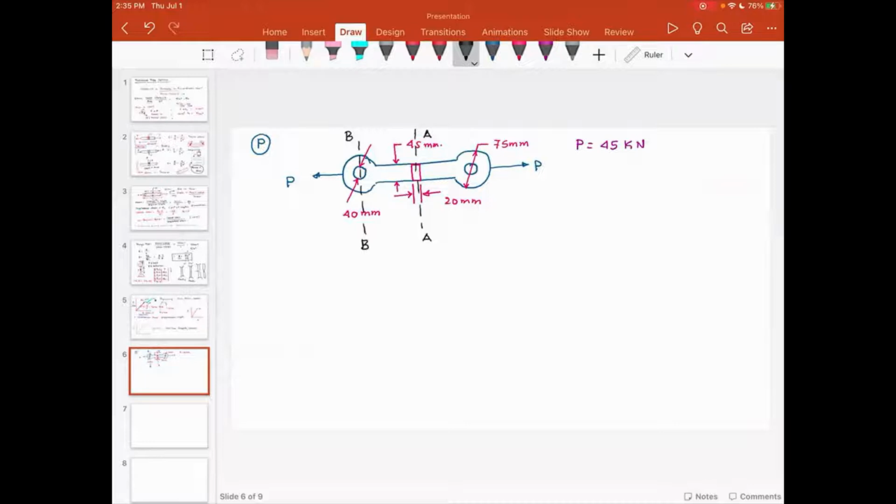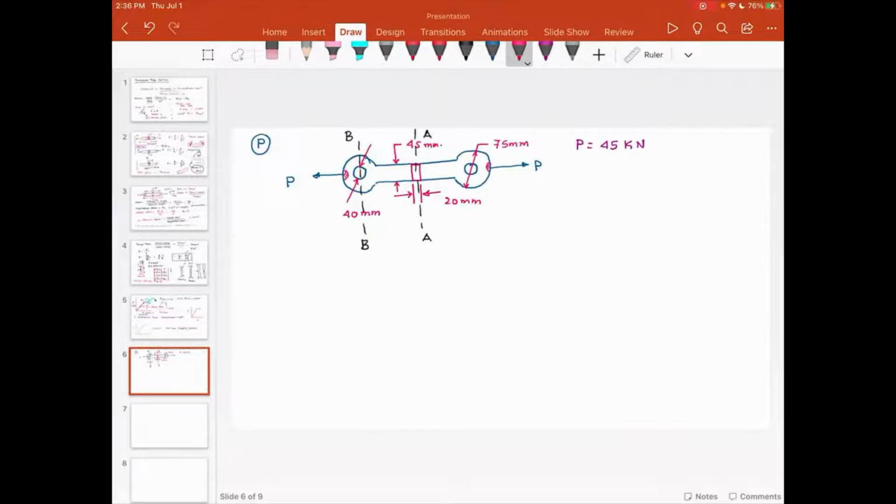Now, one thing I want you to understand is, the analysis that we are doing in this class uses mechanics of materials principles, so it's simplified. If you look at the stress distribution, you will notice it is usually different.